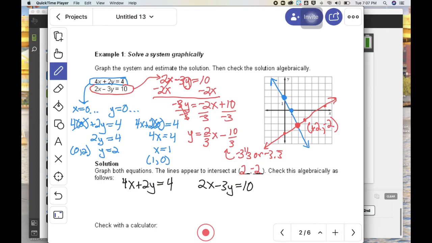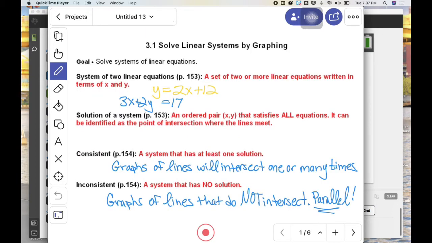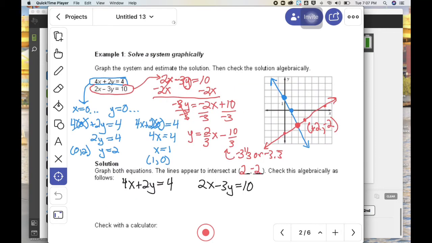In other words, the solution to the system, x, y, or the point of intersection, needs to satisfy all of the equations. In other words, it needs to be an ordered pair on both of those lines. So I'm just going to go ahead and take my 2 and my negative 2 and plug it in and check it.